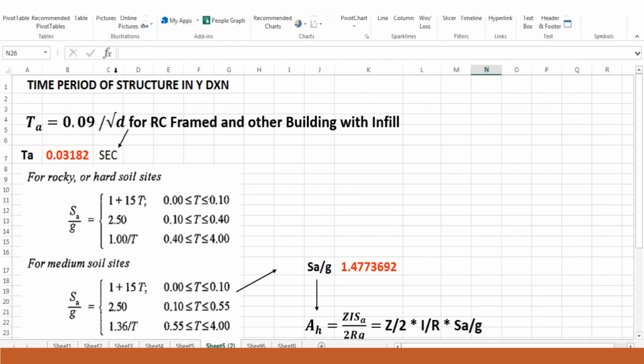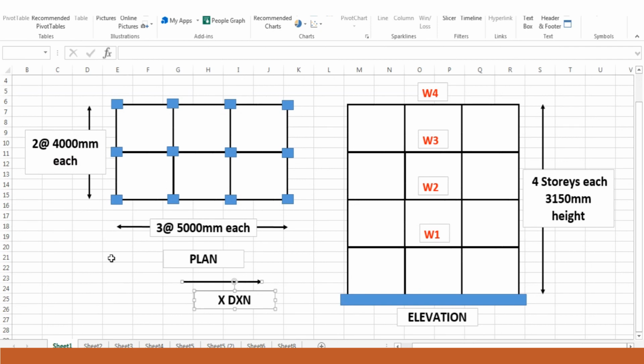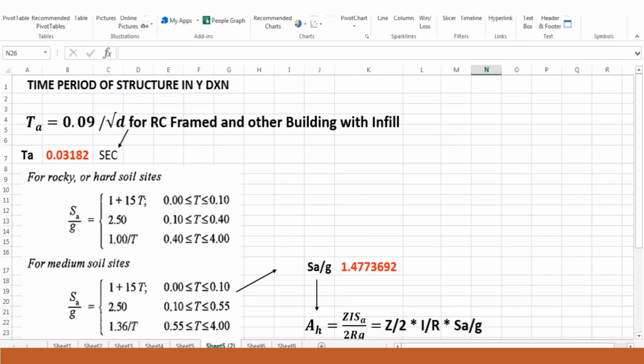Next, to calculate the time period in Y direction, again using the same formula, TA is 0.09 by under root D for RC framed and other building with infills. Now here D would be 8 meters in Y direction. Thereby, time period TA would be 0.031.